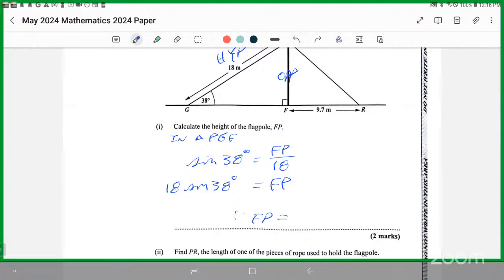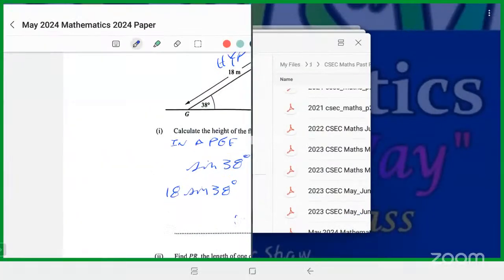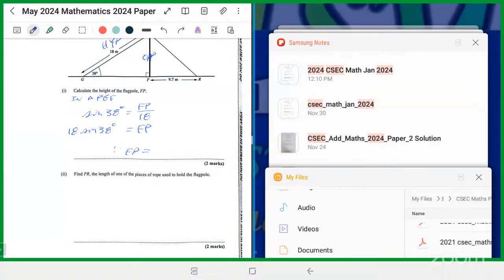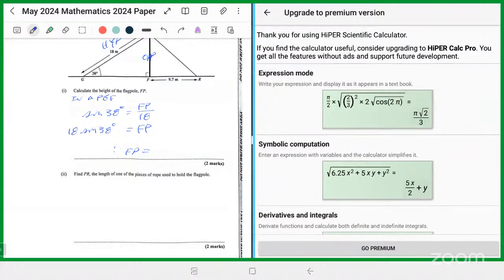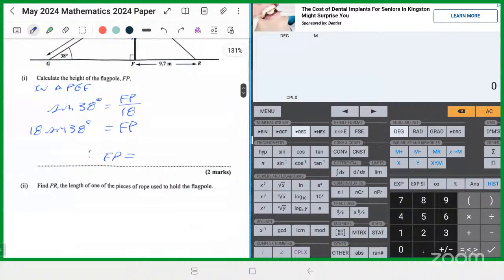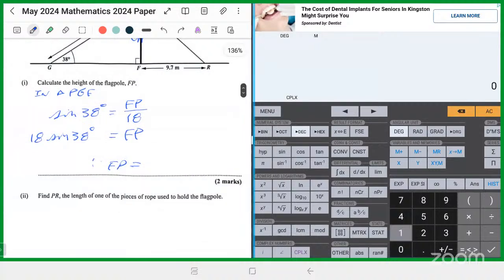Let me get the calculator and see what we have. So we're going to say 18 times the sine of 38. I'm getting 11.08.